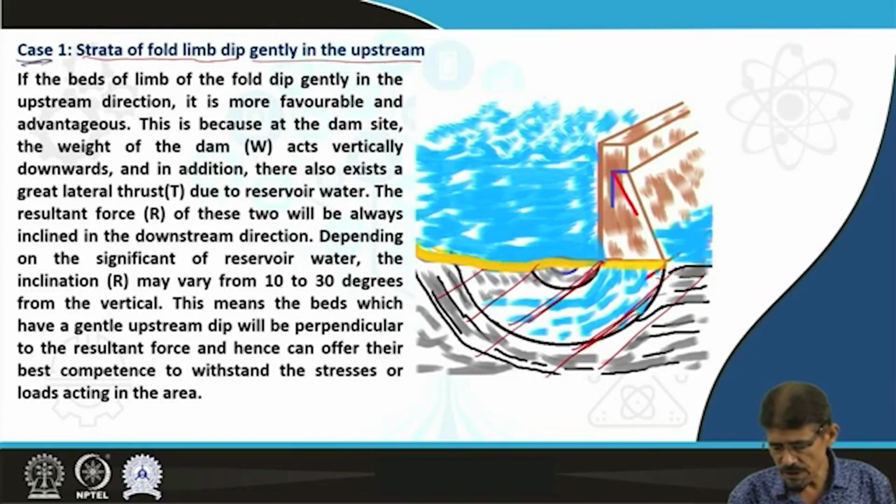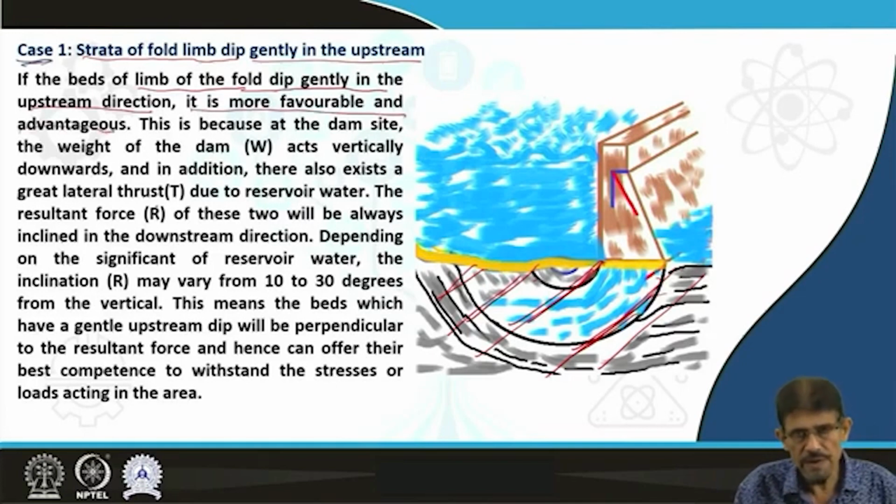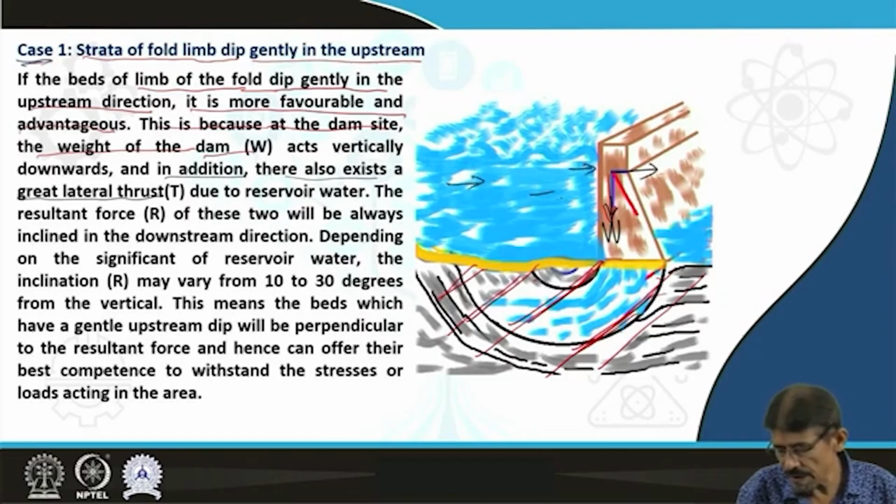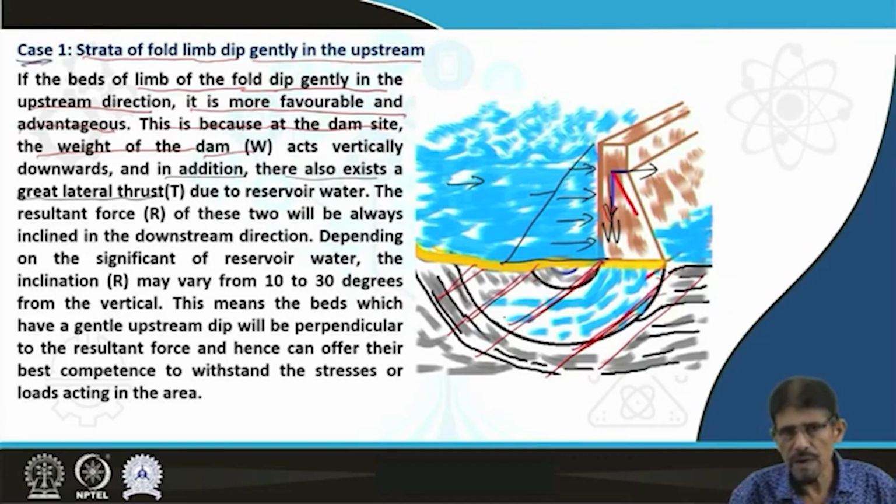In this case, if the fold limbs dip gently in upstream direction, it is more favorable and advantageous. And this is because at the dam site, the weight of dam, that is W, acts vertically downwards, and in addition there also exists a great lateral thrust due to presence of water. Due to presence of water, there are hydrostatic forces acting on dam, following the calculation related to area of triangle multiplied by unit weight of water.